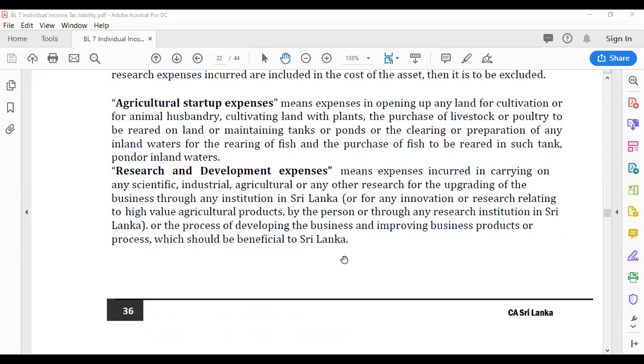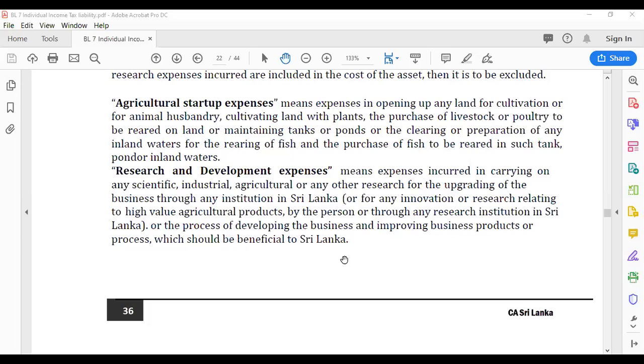Research and development expense means expenses incurred in carrying on any scientific, industrial, agricultural, or any other research for upgrading the business. The important word is upgrading of the business through any institution in Sri Lanka, for any innovation or research relating to high value agricultural products, or the process of developing the business and improving business product or process which should be beneficial to Sri Lanka.